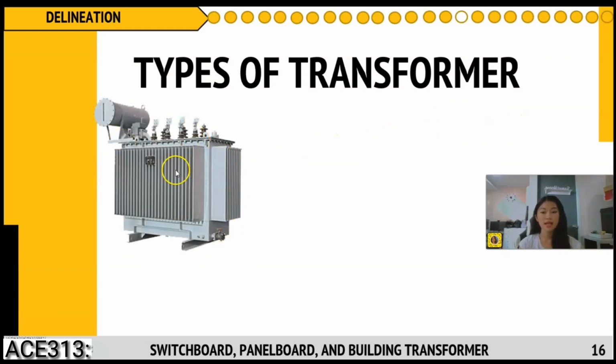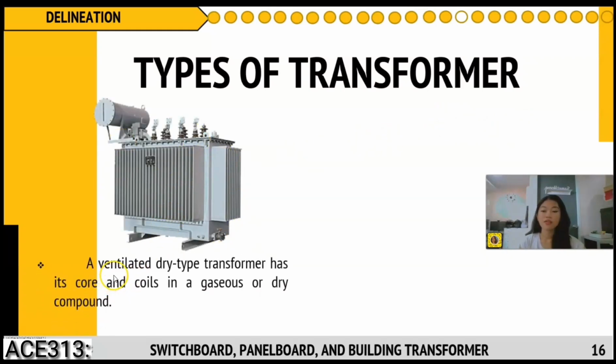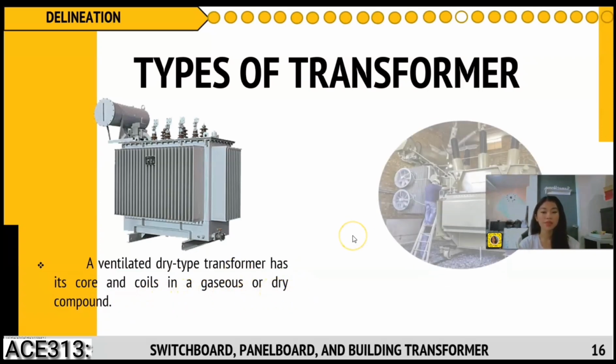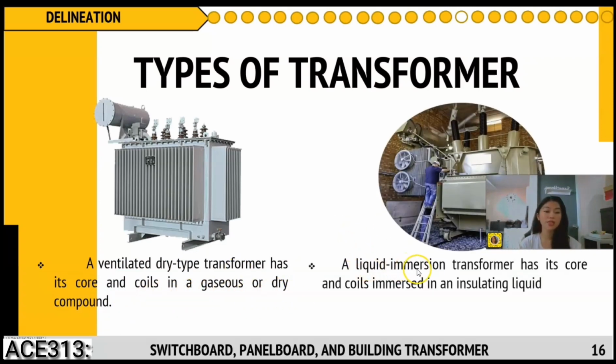So this is a ventilated dry type transformer. It has its core and coils in a gaseous or dry compound. Next is a liquid immersion transformer. It has its core and coils immersed in an insulating liquid.